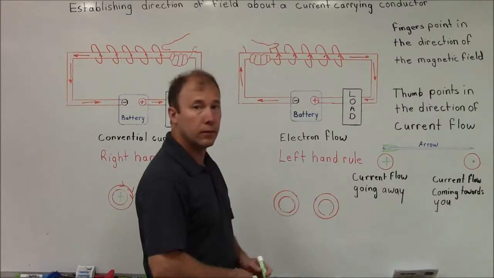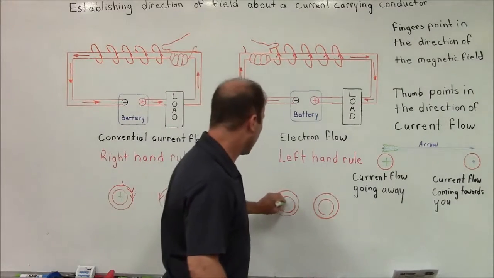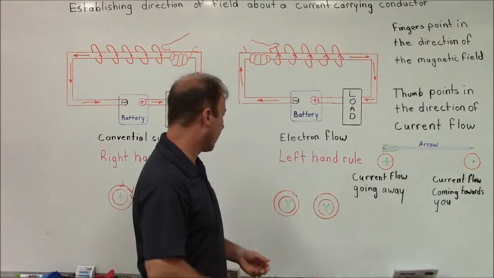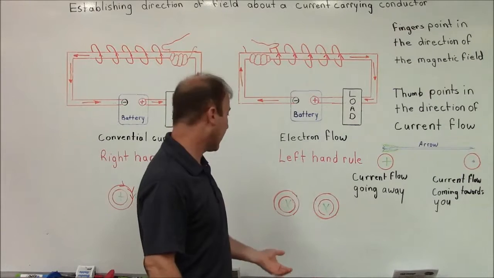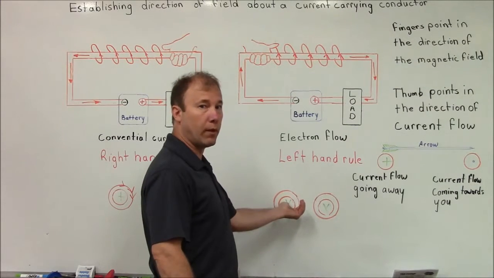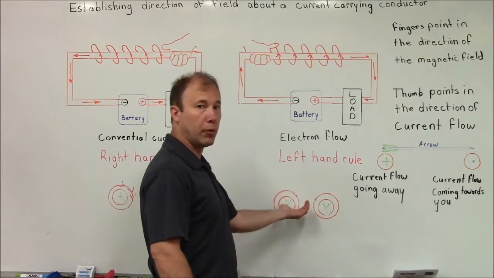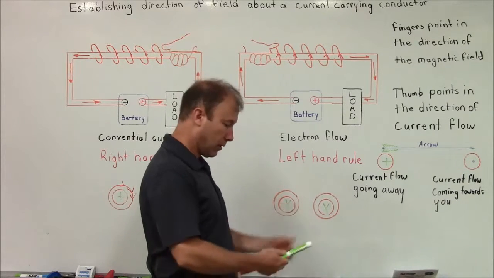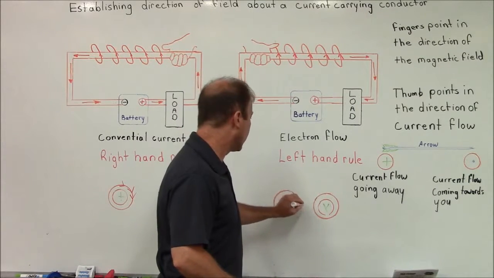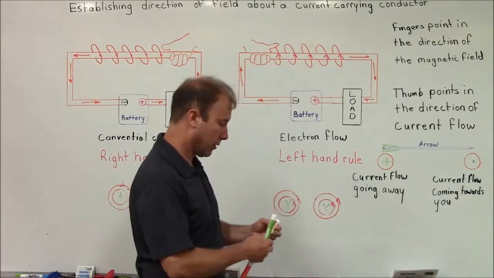All right, so here we have two conductors, and we'll say the current flow is going away. So using the left-hand rule, we can see that if we're going in, the thumb's going to point in the direction of the current, and the fingers will point in the direction of the field. We can establish that the field direction is this way.